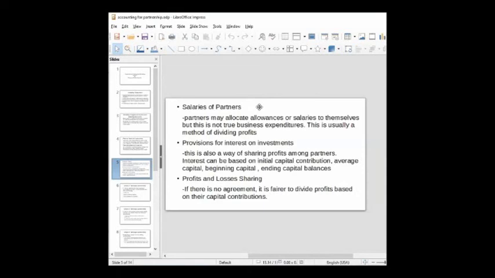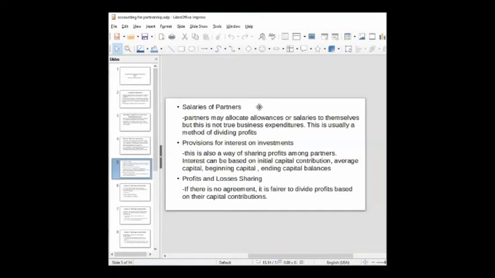For example, 200,000 is the net profit, and A and B have an agreement that they receive salaries of 20,000 each. So that is 20,000 each, that is 40,000. So in effect, the remaining net profit to be distributed among the partners is only 160,000.